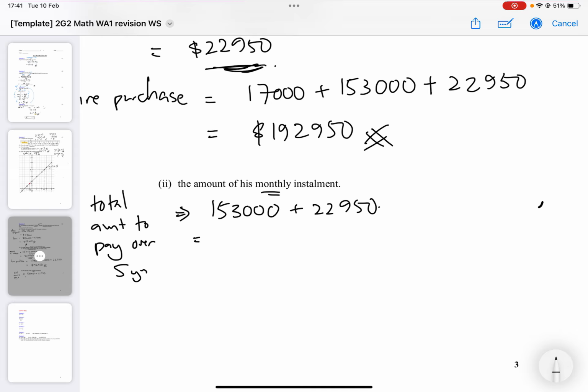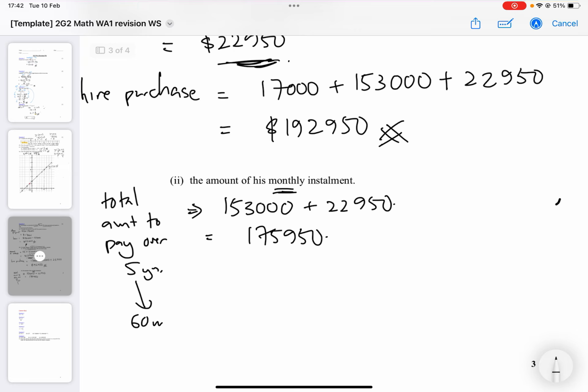So this is the total amount to pay back over 5 years. 153,000 plus 22,950 is 175,950. This one I pay in the end, plus my 17,000, will be the total amount I pay for the car. They want me to find the monthly installment, meaning how much to pay each month. 5 years is 60 months, since 1 year is 12 months and 5 times 12 is 60.